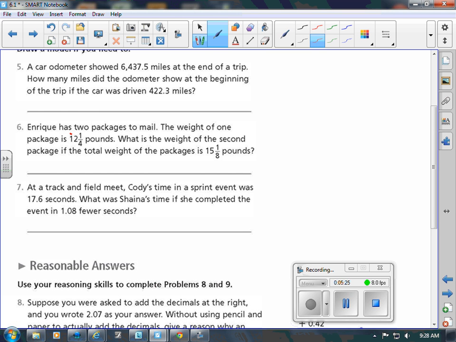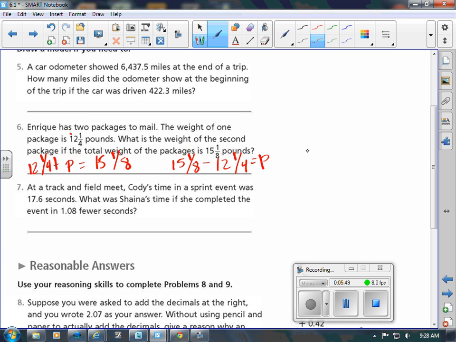What is the weight of the second package if the total weight is 15 1/8 pounds? So it would be 12 1/4 plus P equals 15 1/8. Changing that around, 15 1/8 minus 12 1/4 equals P.